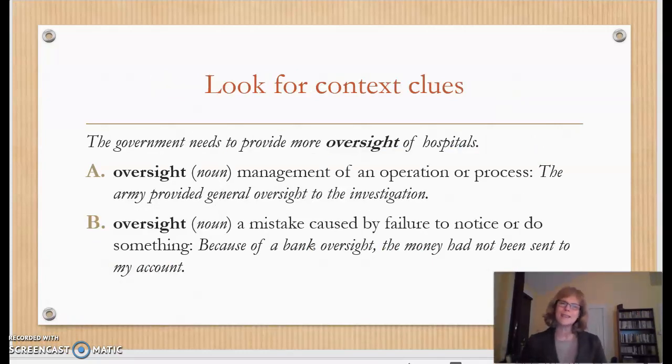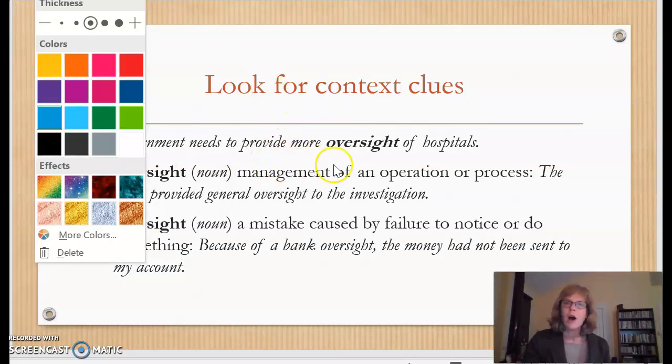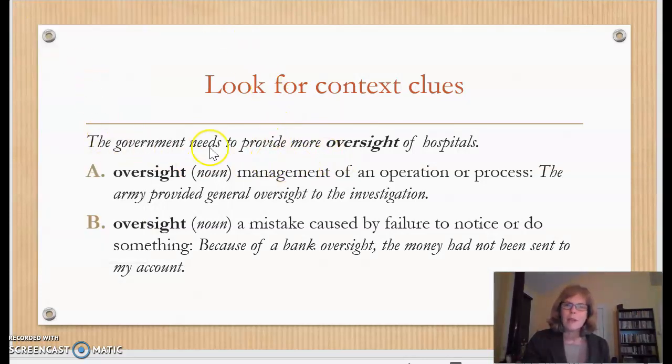Do another one, guys. How about this word oversight? Now you really have to, again, understand the meaning and look for the clues in this sentence. The government needs to provide more oversight of hospitals.